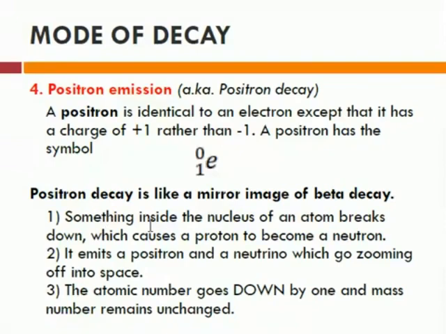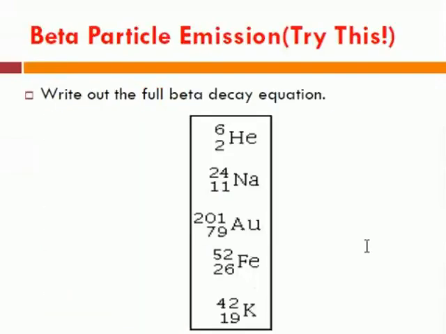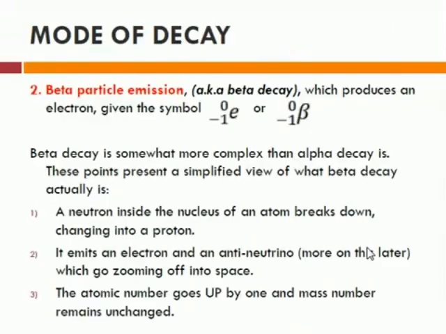Number 1, something inside the nucleus of an atom breaks down, which causes a proton to become a neutron. Let's compare this with beta decay. In beta decay, a neutron inside the nucleus of an atom breaks down, changing into a proton.